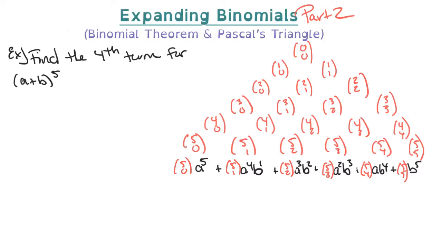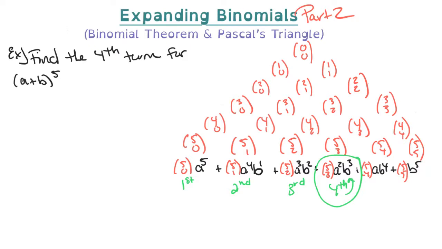Okay, here's an important part of this. We want to find the fourth term. Now, I don't mean to insult your intelligence with how to count, but this is the first term, second term, third term. Here's our fourth term. What frequently confuses people is the fourth term does not have any 4s in it.